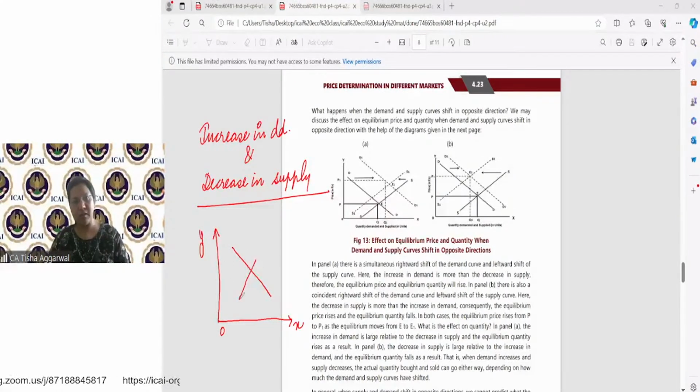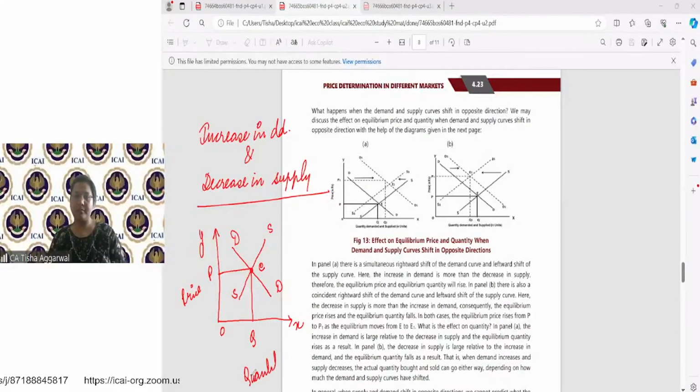This is your normal curve. SS, DD, equilibrium point, quantity, and price. Okay.